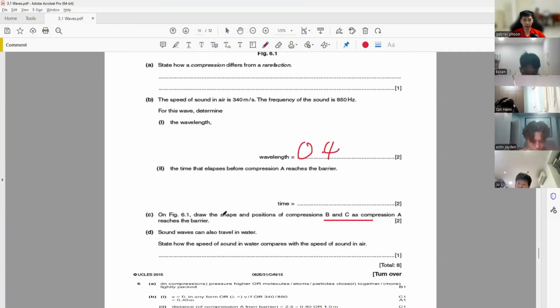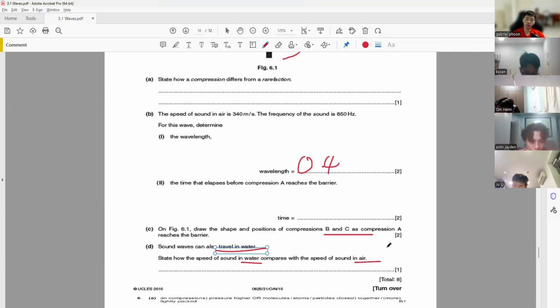Then this next part: state that sound wave can also travel in water. State how sound wave in water compares to that of air. Ethan, will the sound wave be faster or slower in water, and why? Should be faster. Very good. How come? Because more particles are closer together.